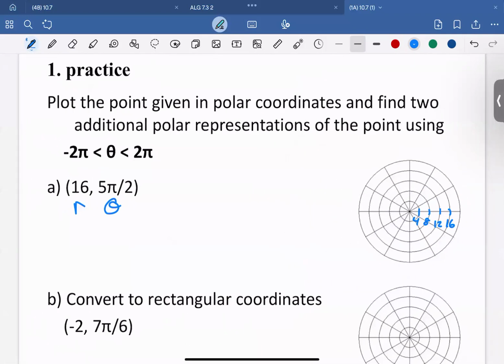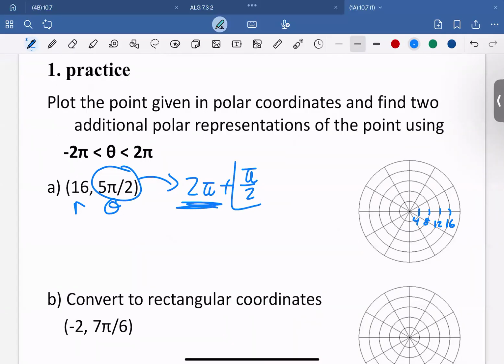And then now looking at my theta, I have 5 pi over 2. Just from being a unit circle master, which you should all be as well, we know that 5 pi over 2 is essentially 2 pi plus pi over 2. This is really helpful because that one rotation is not important.